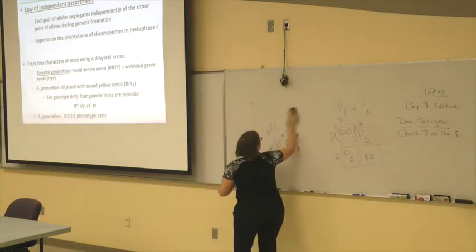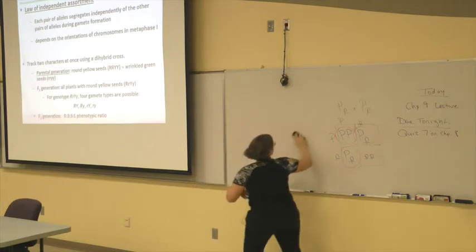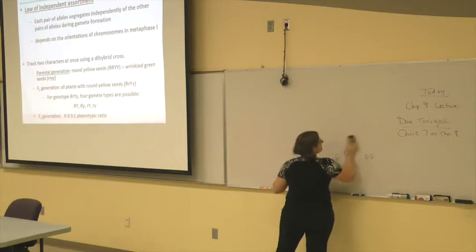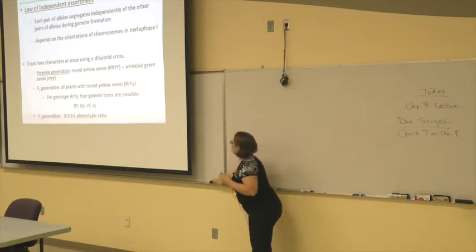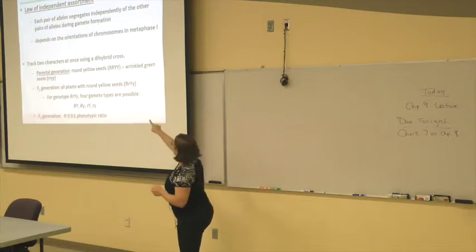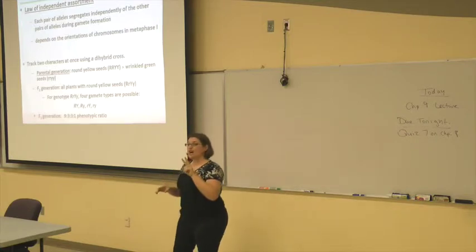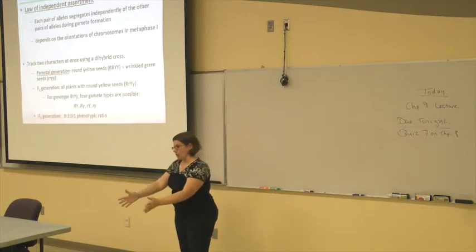In this case, we're still dealing with flowers because they're easy. Pea plants and flowers. We are starting with a true breeding parental generation. One parent has two dominant traits, round seeds that are yellow.